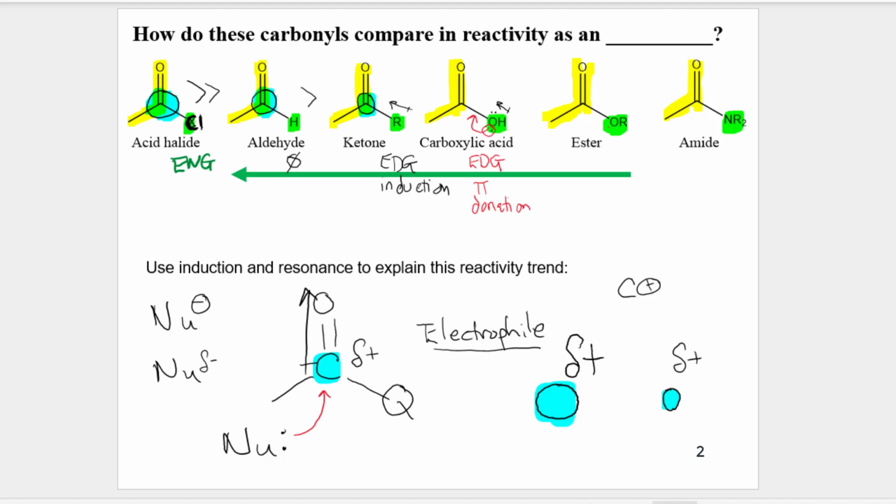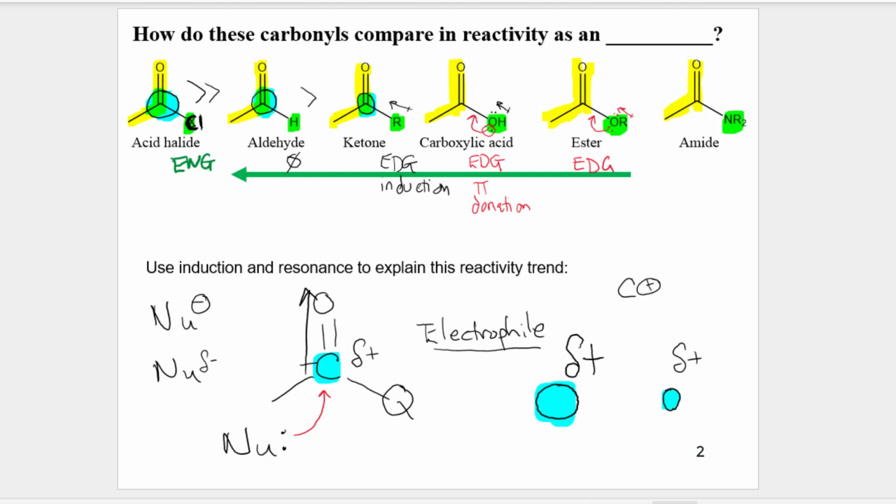Same goes for the ester. You have an oxygen, which is electron donating, but better than that is the fact that, through resonance, it can pi donate, right? And by resonance, the electrons can go up. But I just wanted to show you that it's a pi donating group.